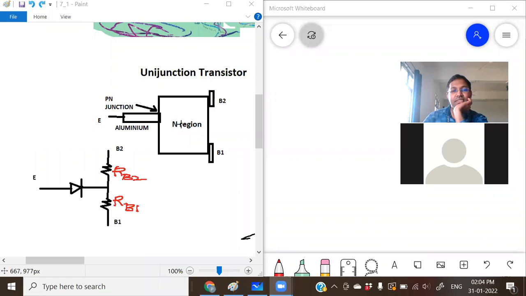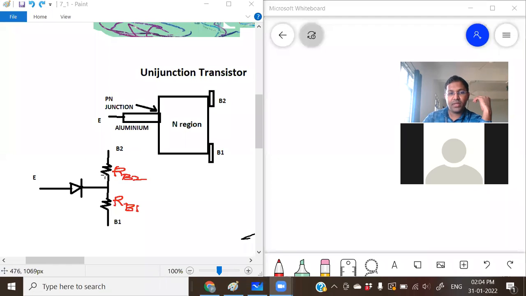This is the N region, with two base terminals, base 2 and base 1. This is the PN junction. So the equivalent is one PN junction and a resistance between B2 and B1.